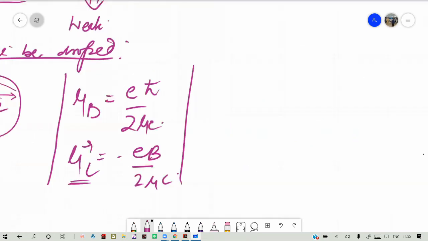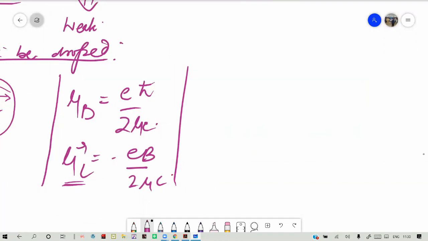When you place a dipole in an external magnetic field, there is a magnetic potential energy stored in that dipole, and that is mu L dot B.